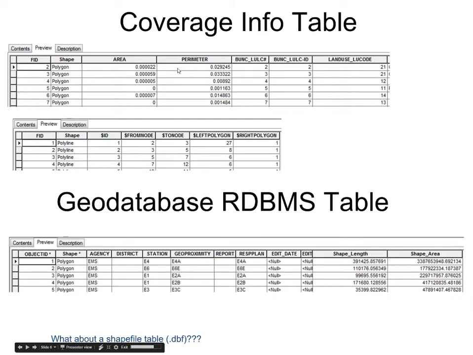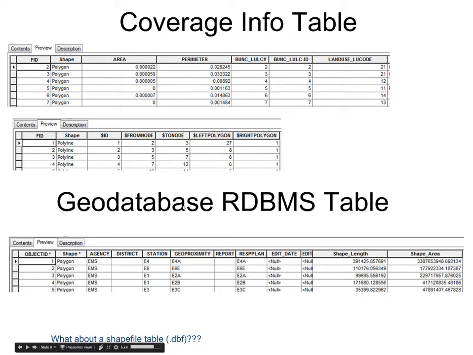So the perimeter and the area is something that was automatically generated, or that was generated when you issued a command called build or clean on the coverage. There were also tables that kept up with the from nodes and the to nodes and the left polys and the right polys. So when you wanted to find out what polygon was to the right of a line, it went and looked it up in this table.